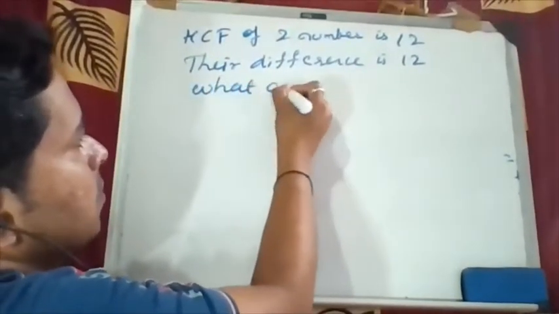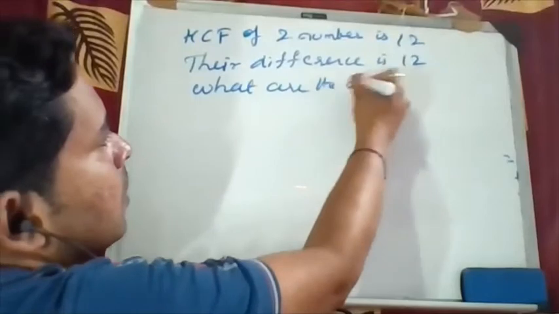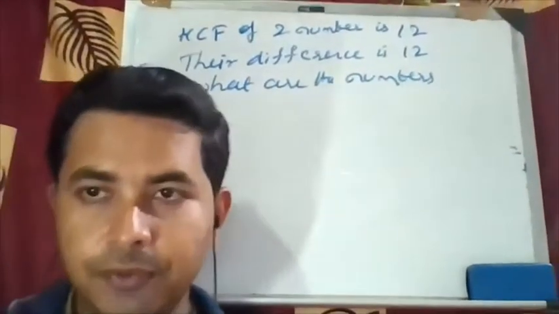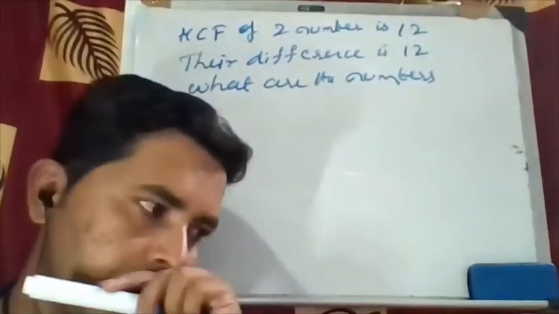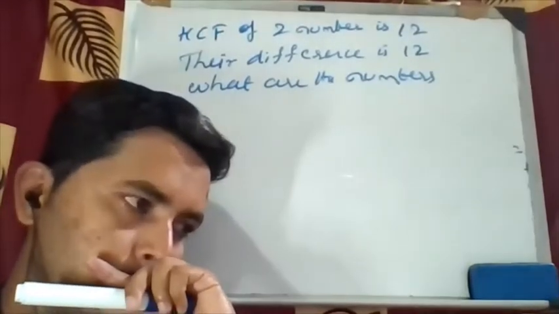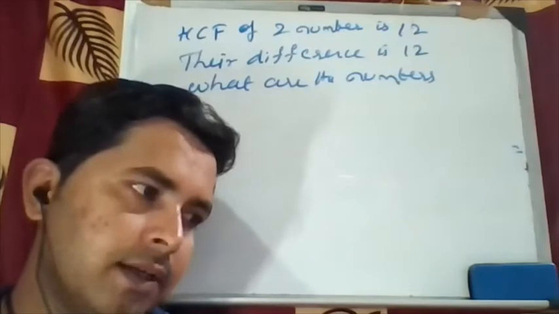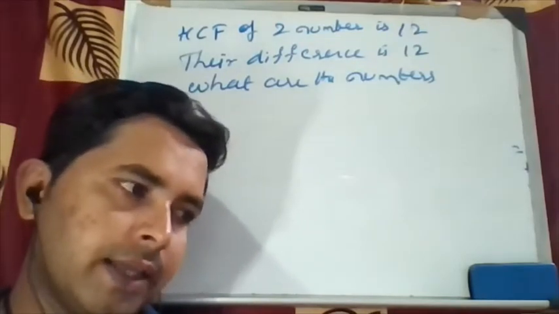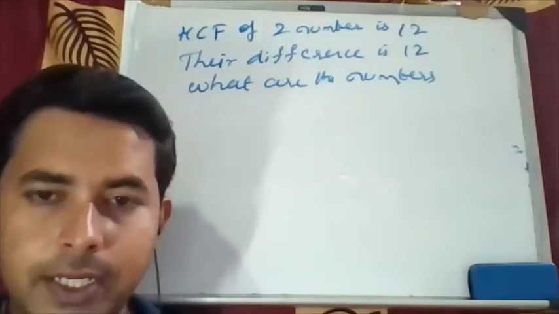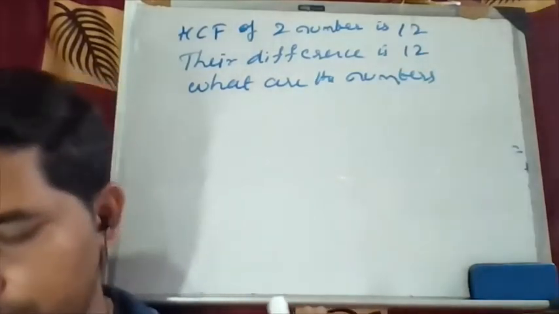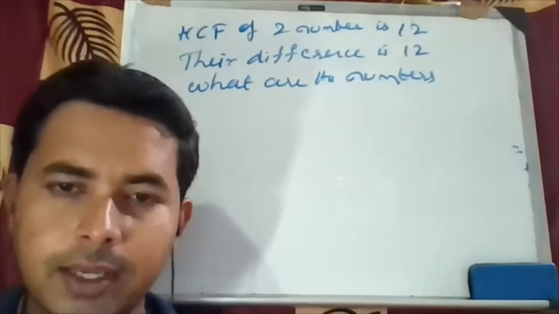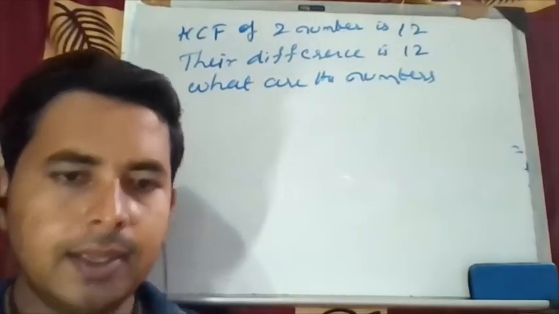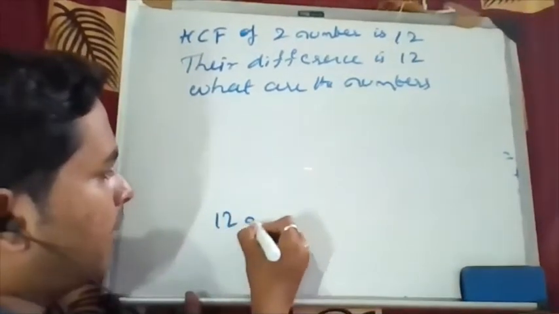So उनके numbers क्या हैं? HCF is also 12 and difference is also 12. So क्या करना है इधर? आपको find out करना है. इधर that method is not applied. Just you have to think 12 के multipliers.